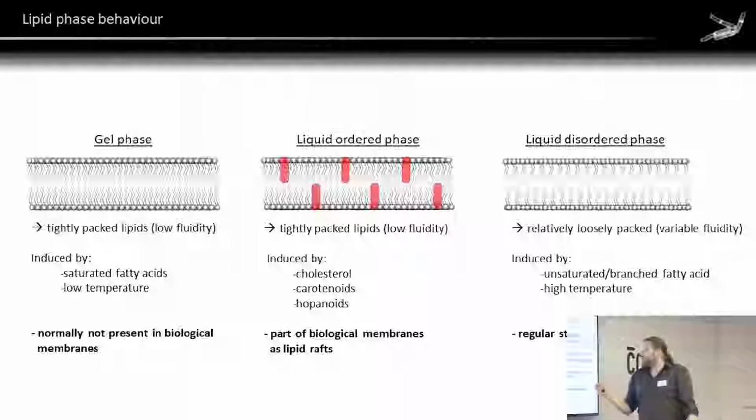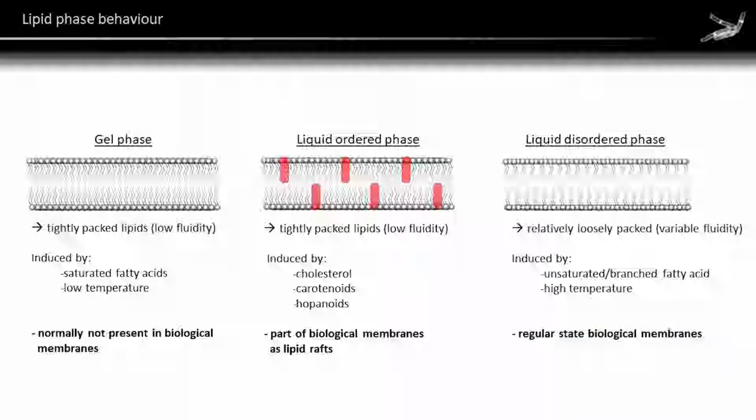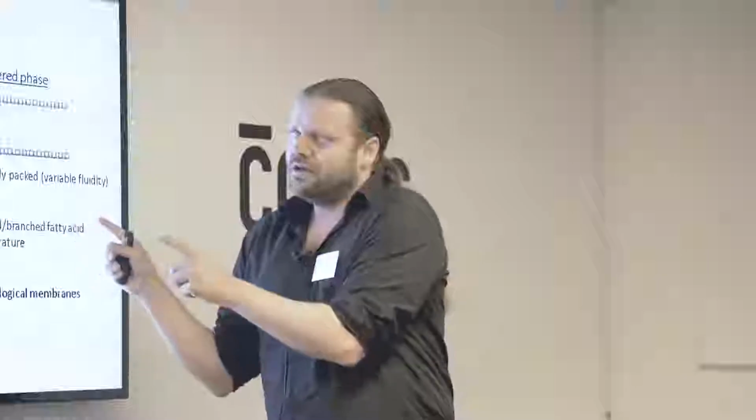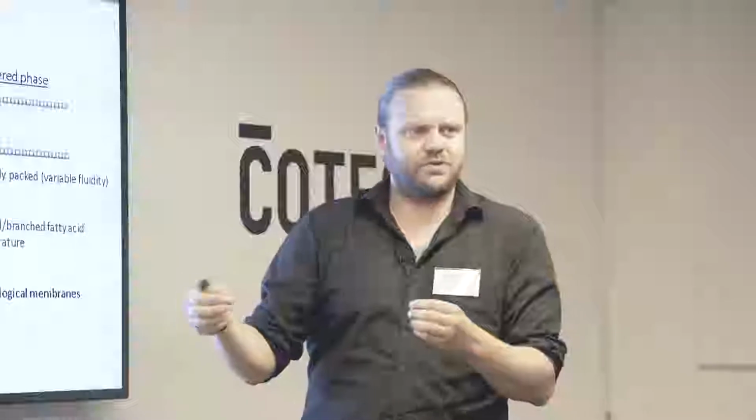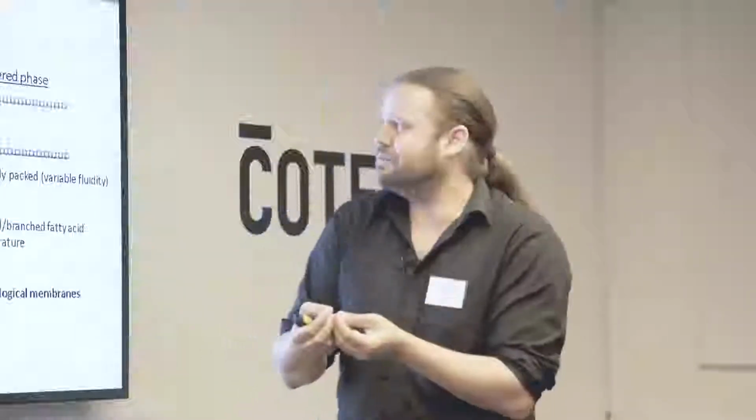So these are induced by unsaturated and branched-chain fatty acids and high temperature, and this is regarded to be, at least in bacteria, the regular state of biological membranes. So what is important here when it comes to lipid domain formation is that these are quite abrupt changes from one configuration to another without a big transition in between.